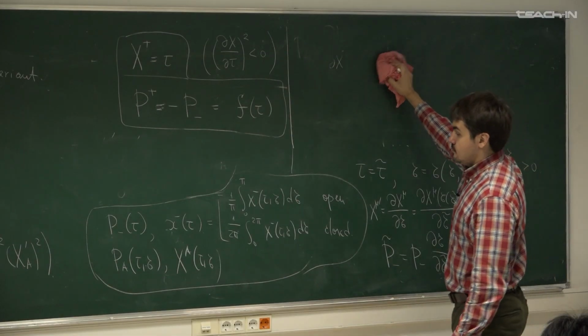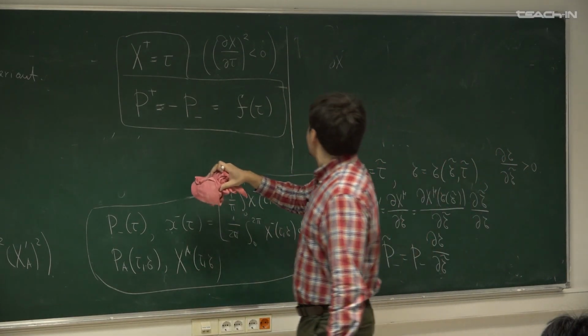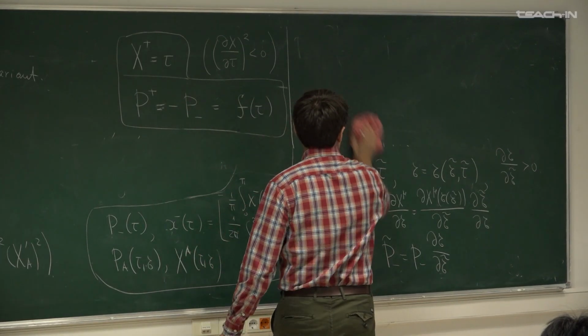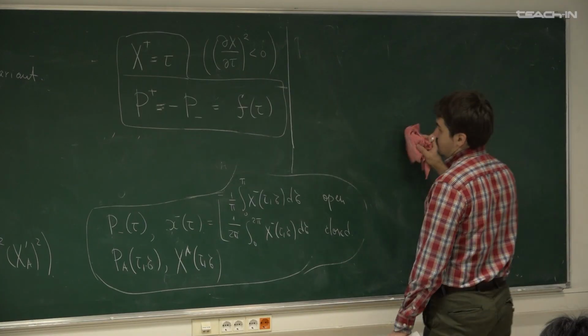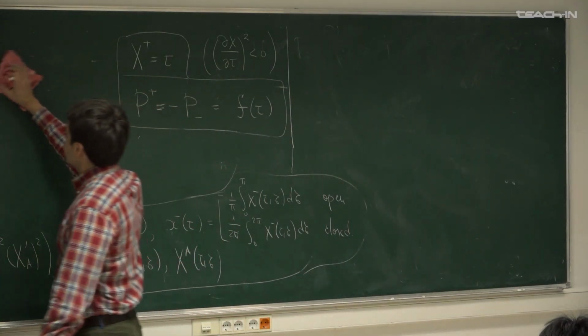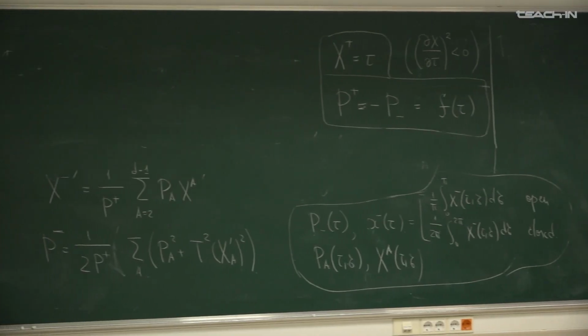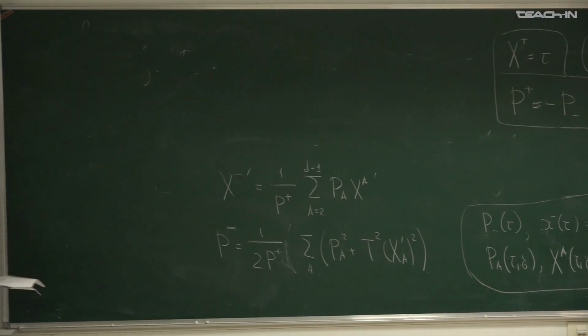So there's one x minus remaining and one p minus remaining. Okay, so now let's write out the Lagrangian. And well, we'll write out the Lagrangian, but our goal is also to determine the Hamiltonian that will follow.